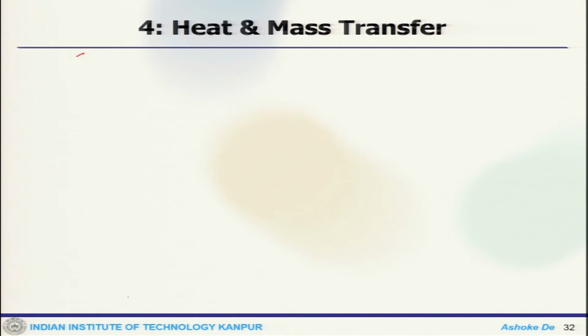Now, since your m dot B is 0, m dot A becomes constant. Okay.